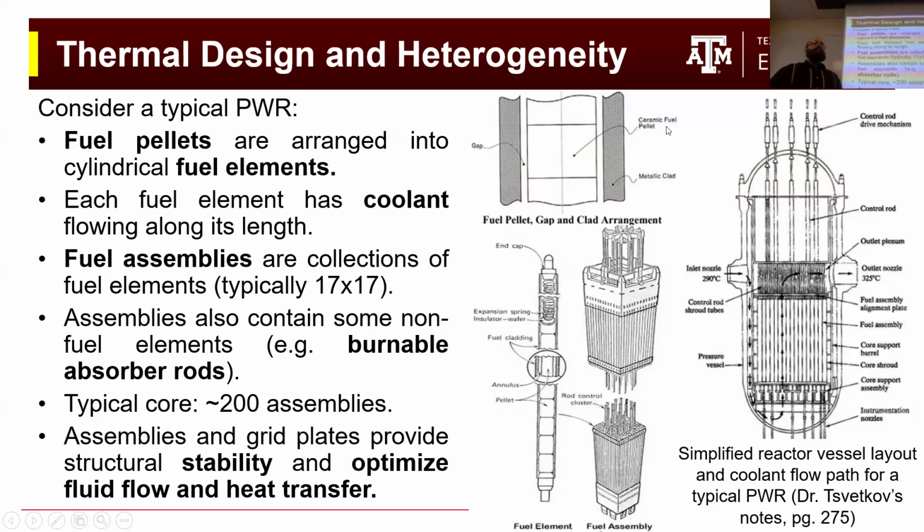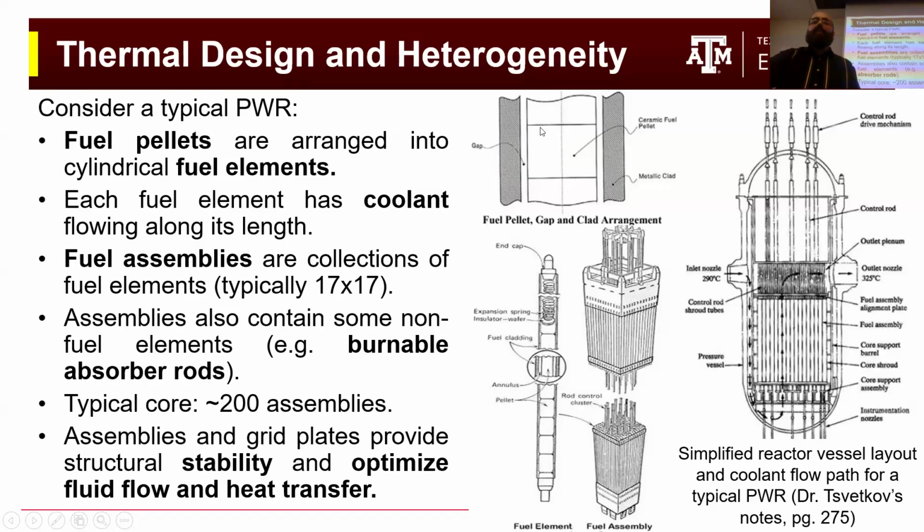That cladding is there to make sure that any fission products born from the fuel don't escape into your coolant, into the rest of your reactor. We place the pellets inside of this cladding and leave a little bit of gap so that the pellet isn't directly touching the cladding.